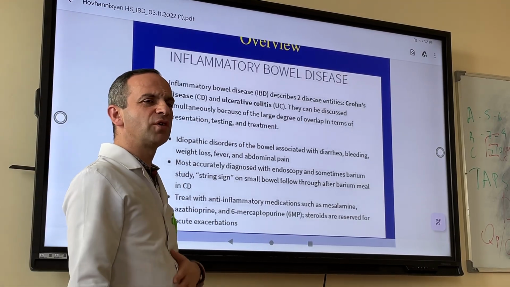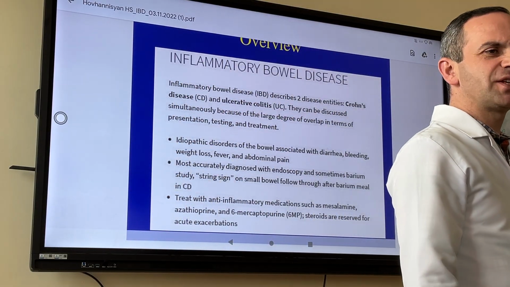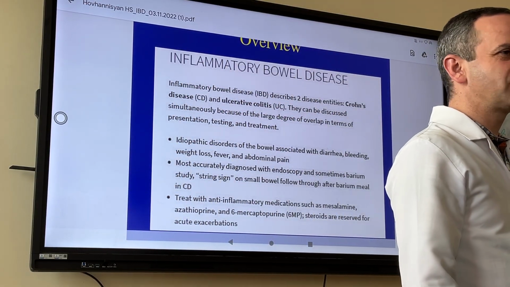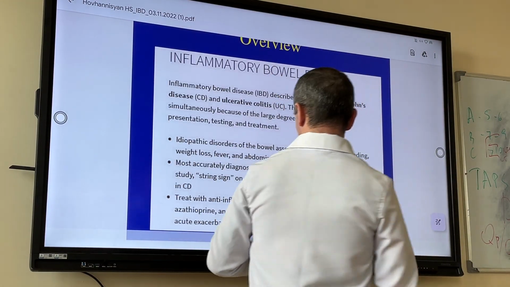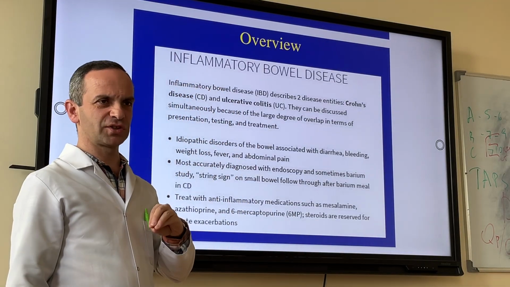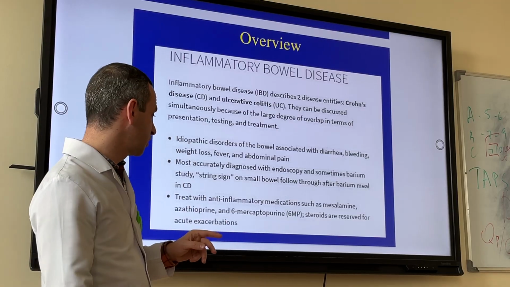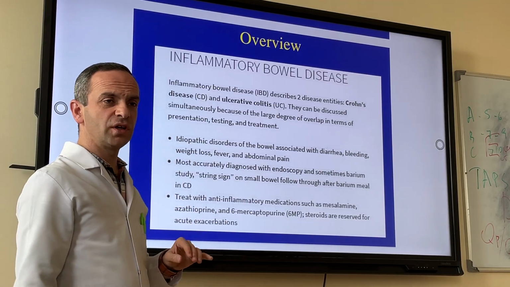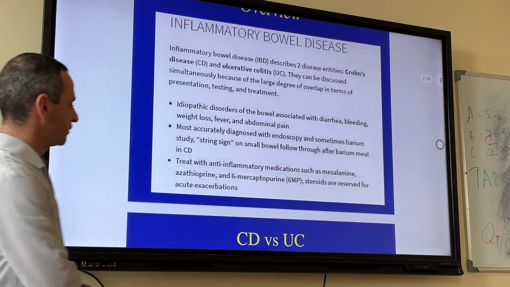This group is called 5-ASA derivatives, aminosalicylic acid derivatives, sulfasalazine, mesalazine, and so on. We'll speak about them. Azathioprine and mercaptopurine are cytostatics. They are not used only for this, but are used. And glucocorticoids usually are used for acute exacerbations. This is just by the way.